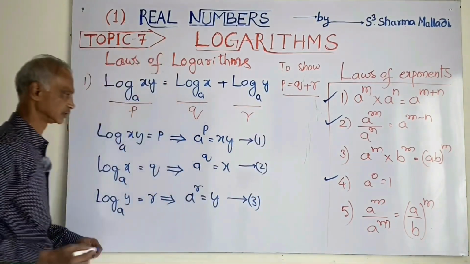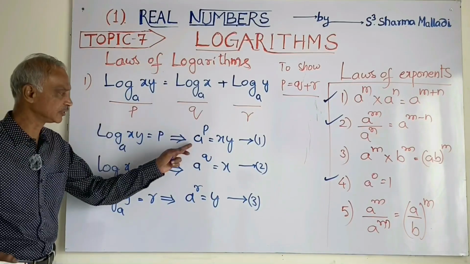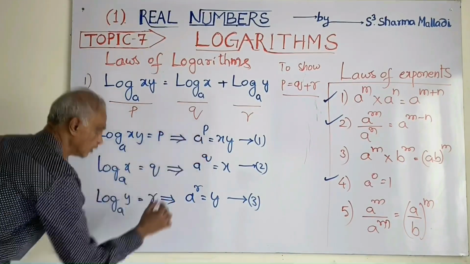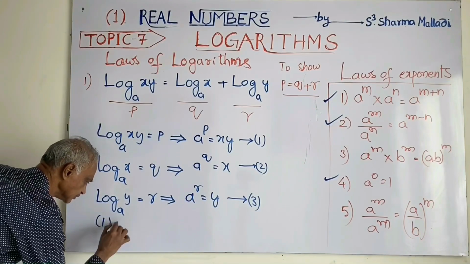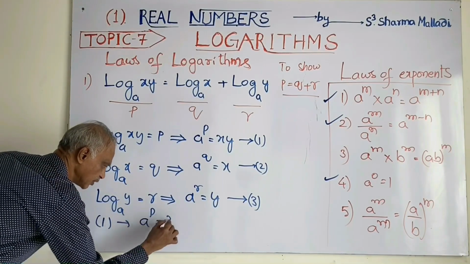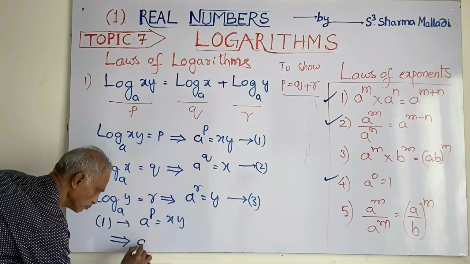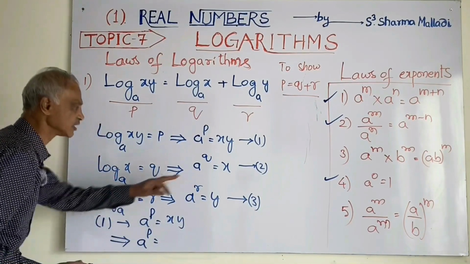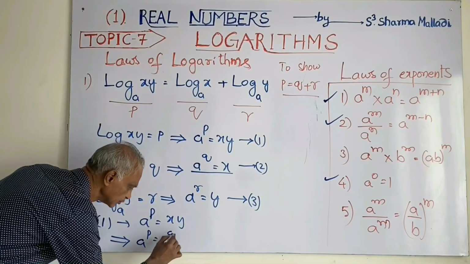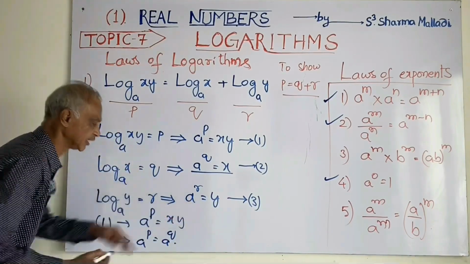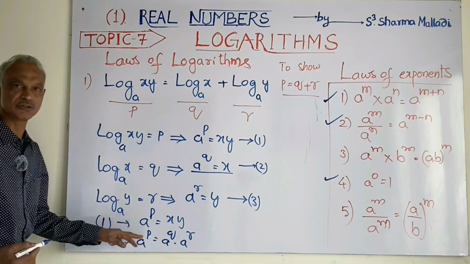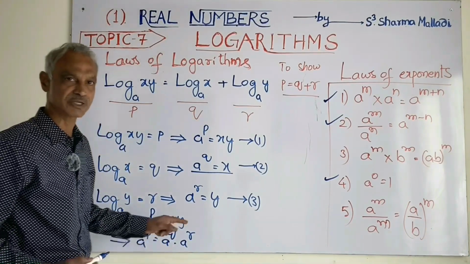Now you take a to the power of p is equal to xy. This is 1. Implies a to the power of p is equal to, what is x here? A to the power of q. What is y? A to the power of r. A to the power of p is equal to a to the power of q into a to the power of r.